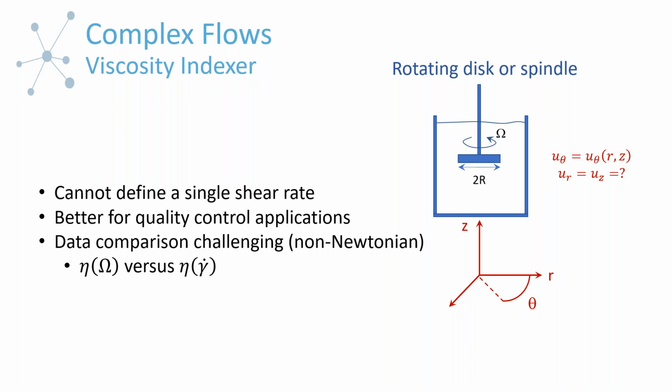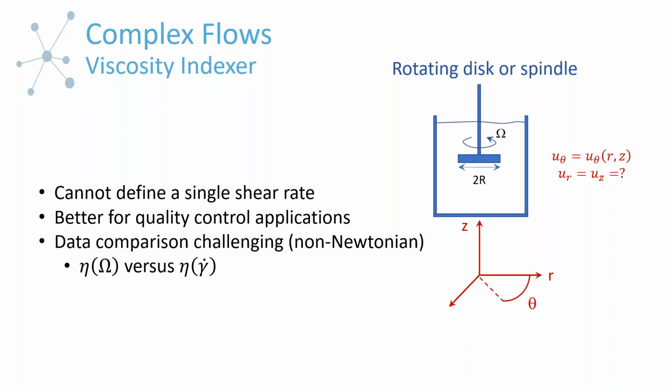These types of instruments are perfectly useful when you're dealing with quality control type applications, if you want to make the sample behave in the same way every time. For example, you're formulating and you want this product to behave the same every single time. If you test with the same spindle and also at the same rotational rate every time, you'll see whether or not things are changing.